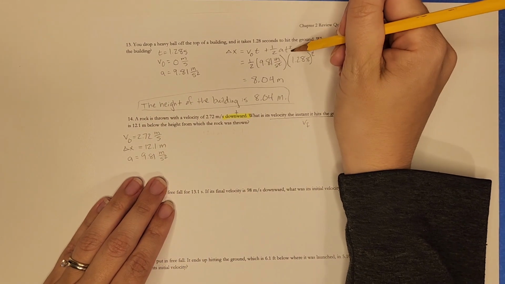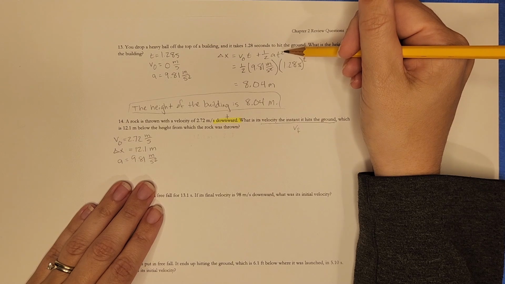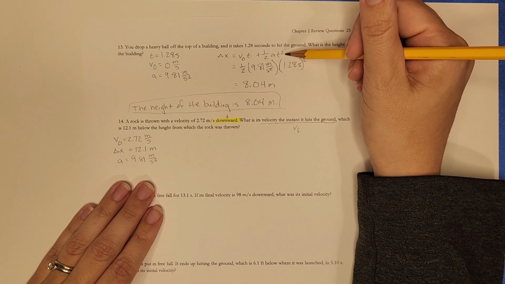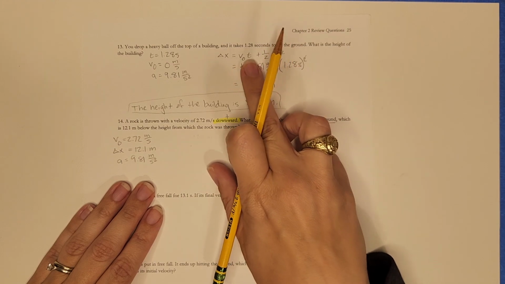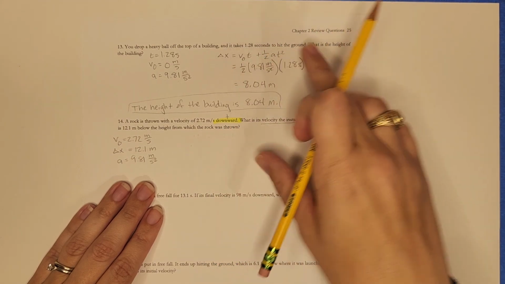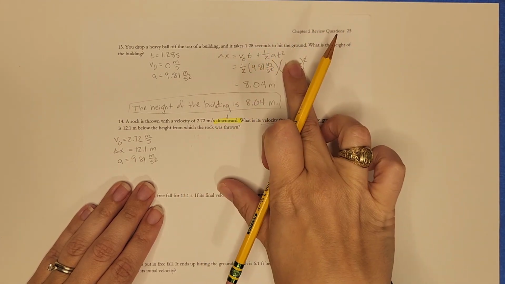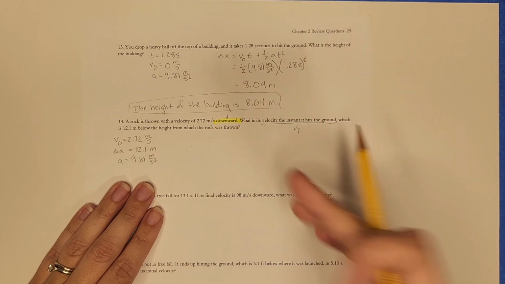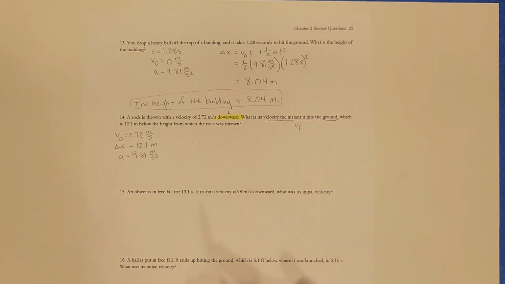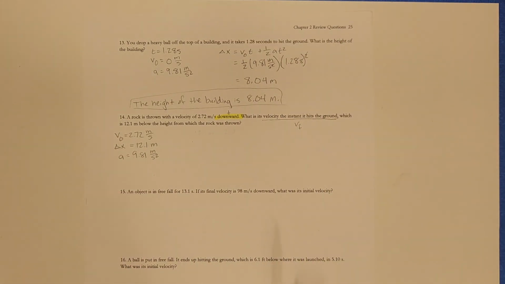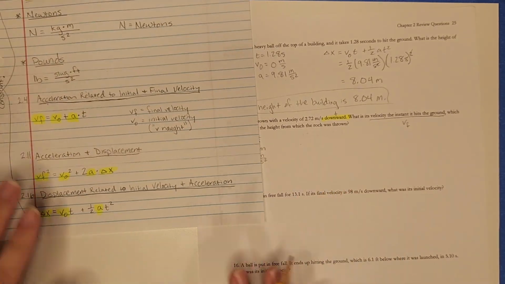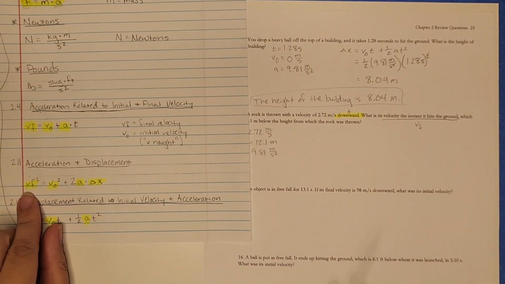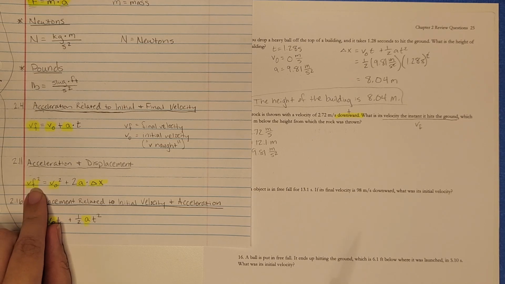Now, the equation up here is not going to work for this problem because we actually have every single variable in this equation. We have delta x, initial velocity, time, and acceleration. So using this wouldn't tell us anything. Instead, we need to use the prior equation that is about displacement and acceleration, where we can determine what the final velocity is.